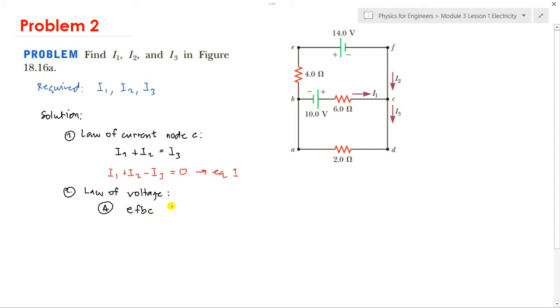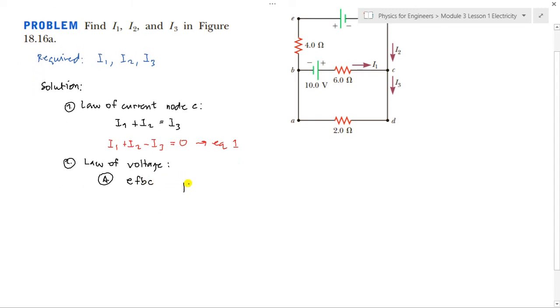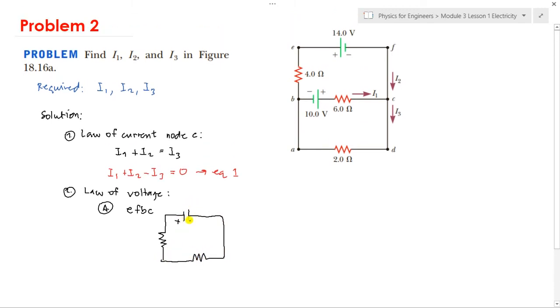In loop EFBC, we have a voltage source, a resistor, and another resistor here. So here this is our positive terminal, negative. This is 14.0 volts.